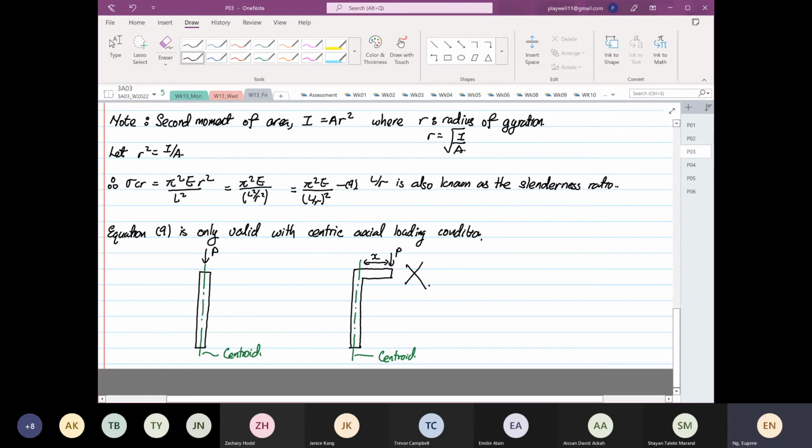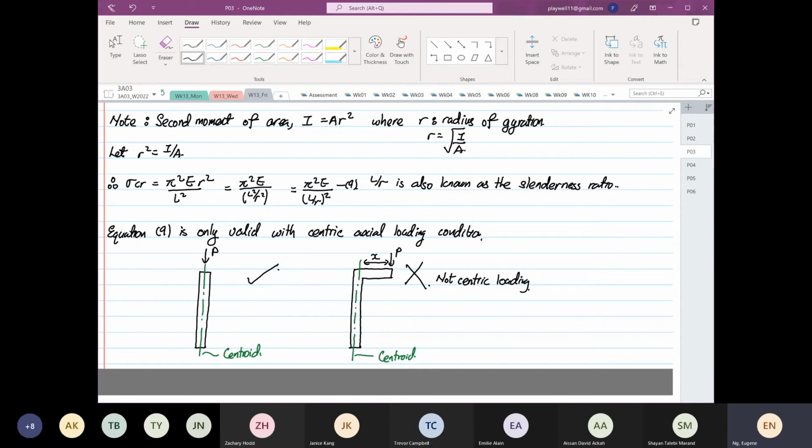This is not centric loading. So it is only applicable to the structure on the left-hand side, but not on the right-hand side.